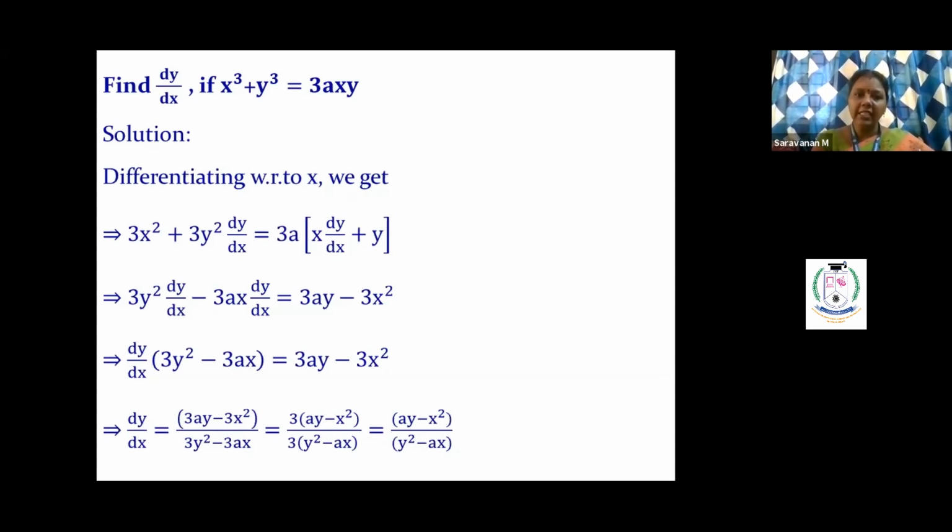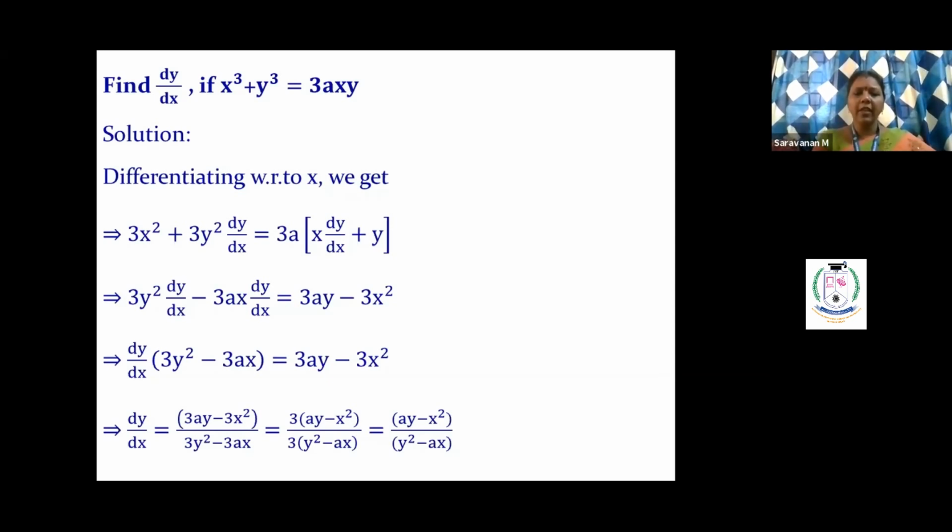Keeping x as it is, differentiate y, so we get x into dy by dx, plus keeping y as it is and differentiate x. Differential of x is 1. So on the right side, we get 3a into x dy by dx plus y.